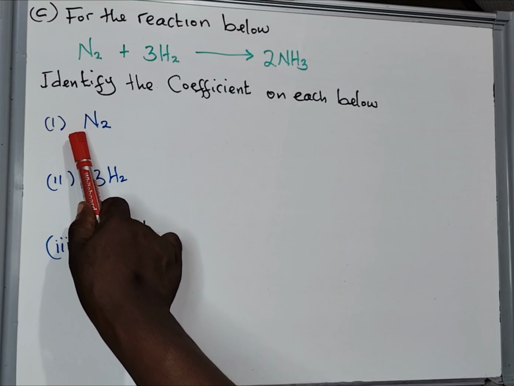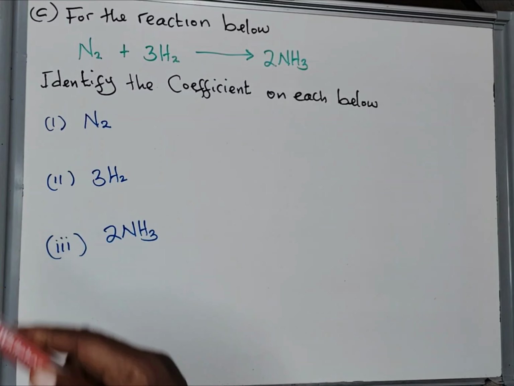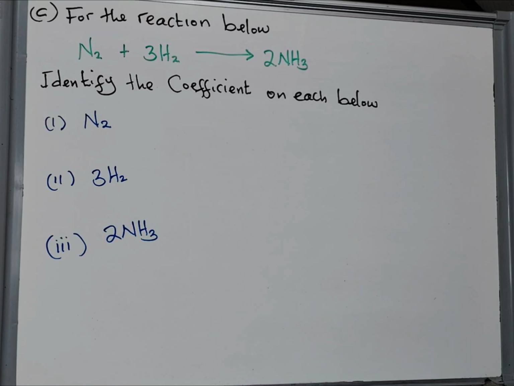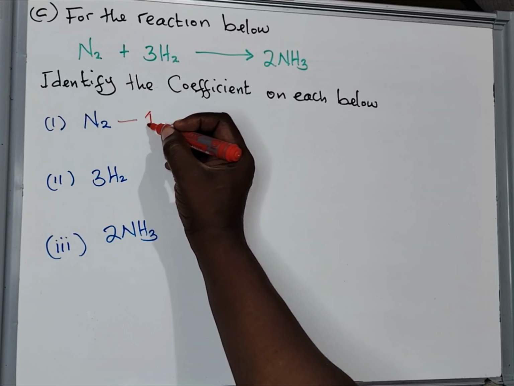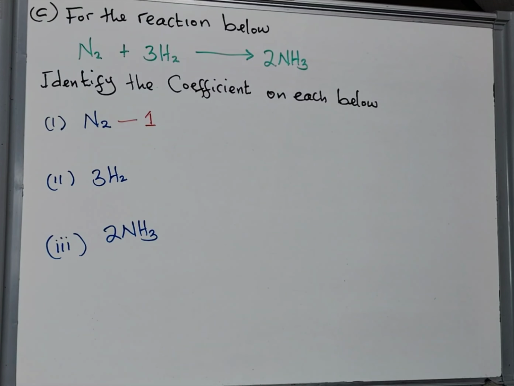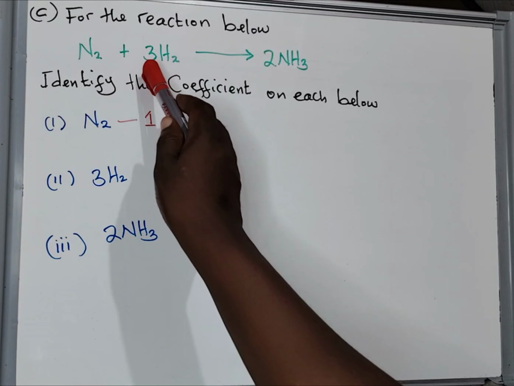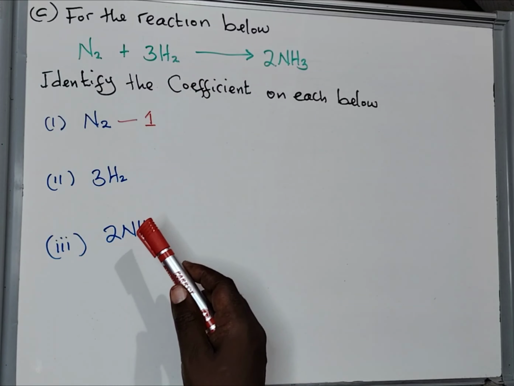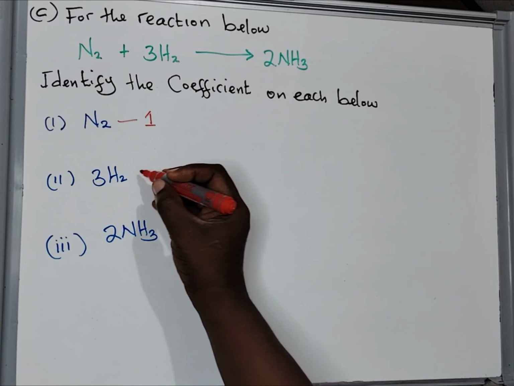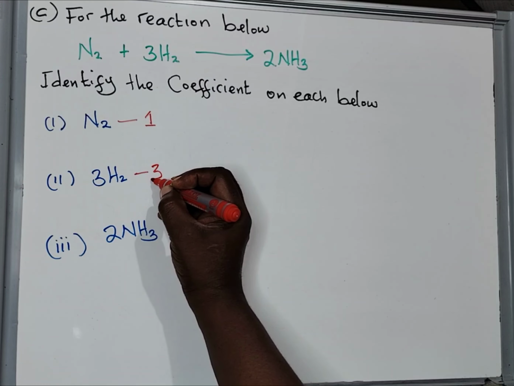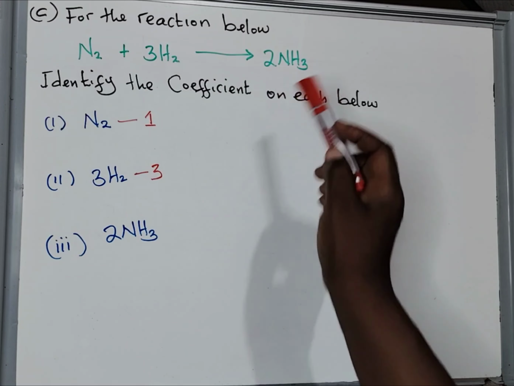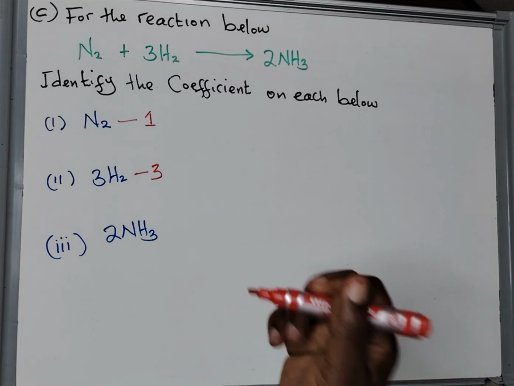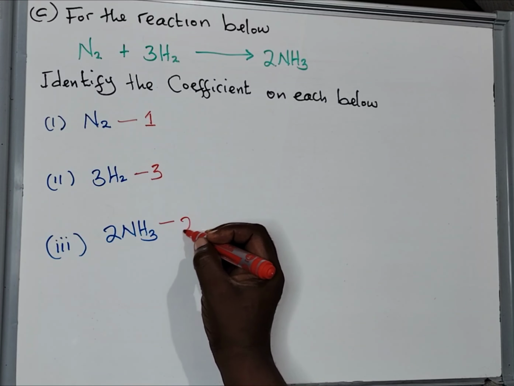So if you don't see any number here, what is the number there? The answer is 1. So the coefficient of nitrogen is 1. So what is the coefficient on this? The answer is 3. And what is the coefficient on ammonia? The answer is 2.